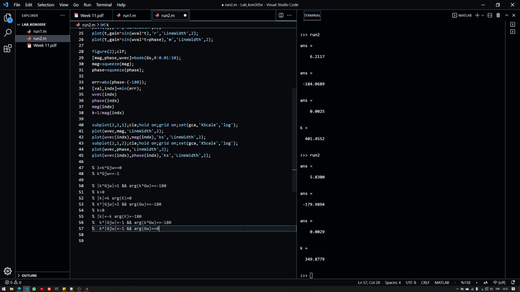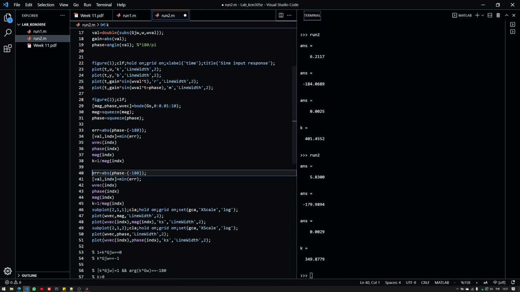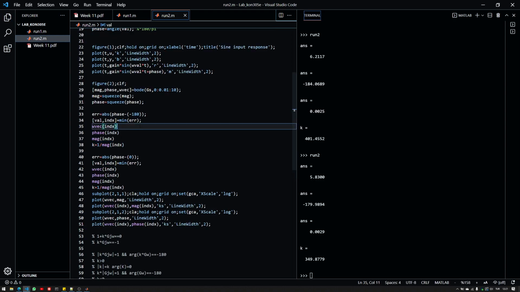So therefore, I will repeat this here, but with the negative case. So for the negative case, I'm looking for 0 degrees, and I will again have some stuff here, but let's name these values omega P, let's say, and then phase P. Let's have magnitude P, and then Kp.